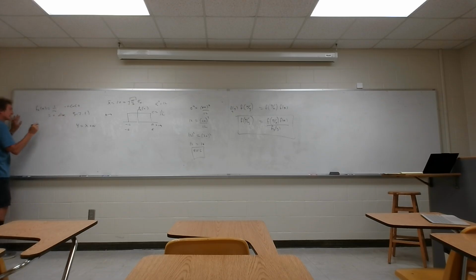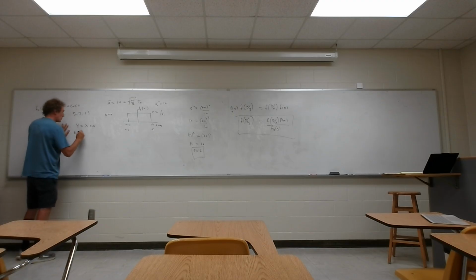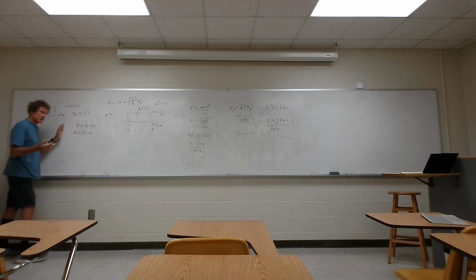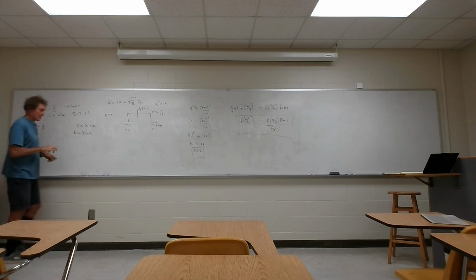Now, since noise here is just equal to y minus x, I stick that in there. Now I say that f of n of y minus x is equal to 1/12.